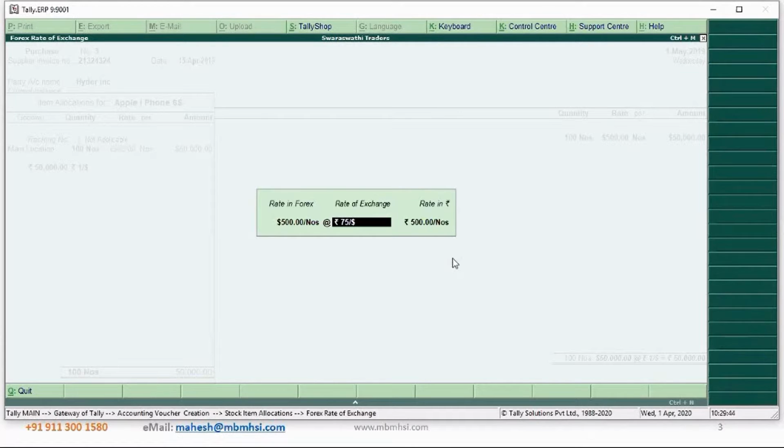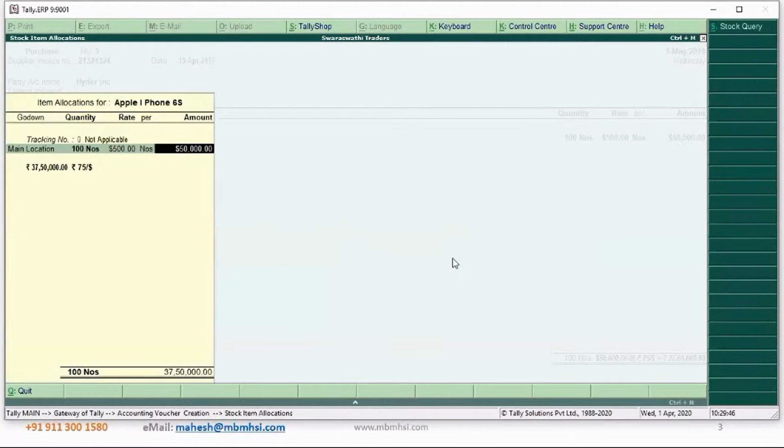Once I type 75 rupees per dollar, automatically you could see over here that in Indian rupees it has got converted and it is showing 37,50,000 rupees at 75 rupees per dollar for $50,000. Is that clear?